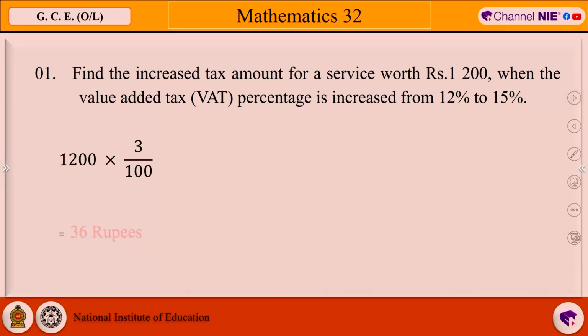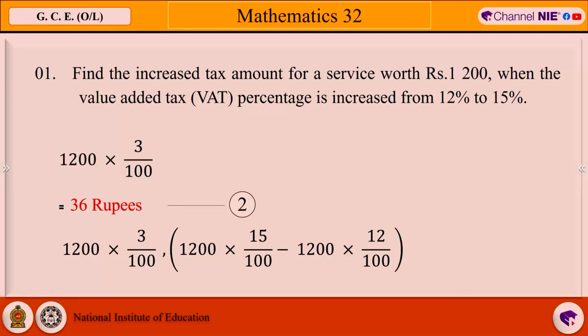Easily, you will get the answer as 36 rupees. For this answer, you will get 2 marks. If you couldn't obtain the last answer, even so, if you have written these steps, you can score 1 mark. So, always try to write steps to obtain the last answer.